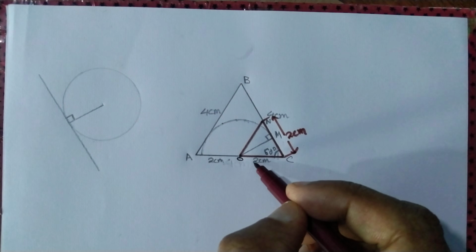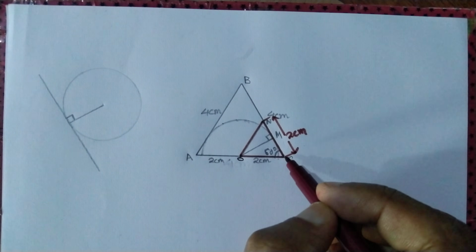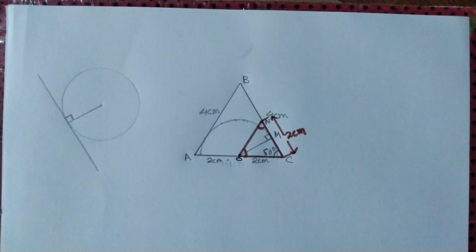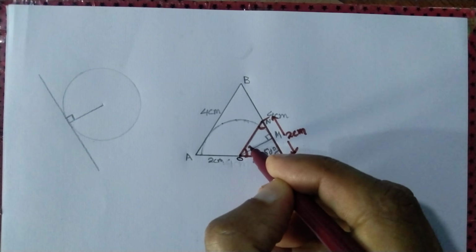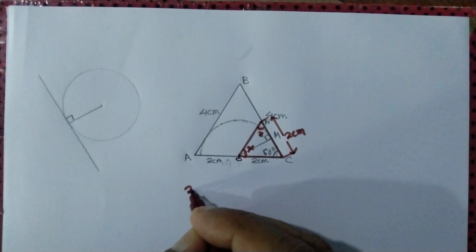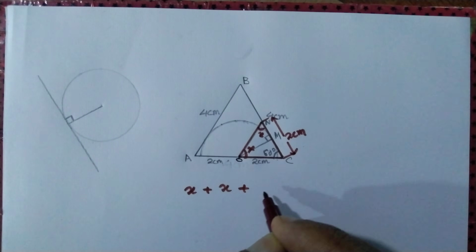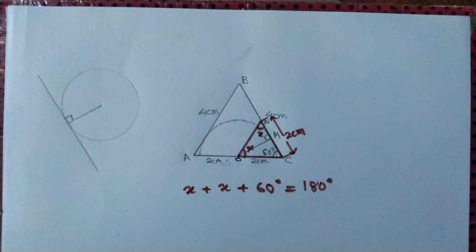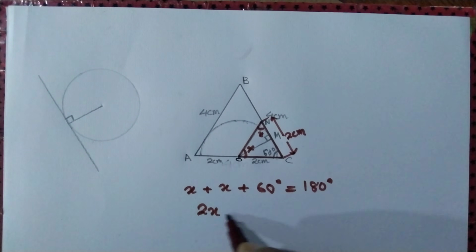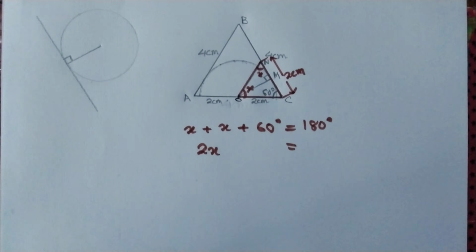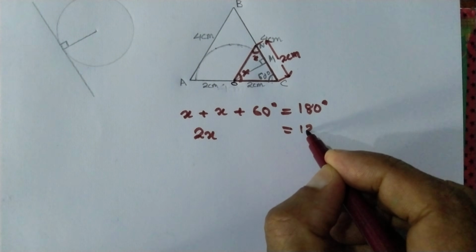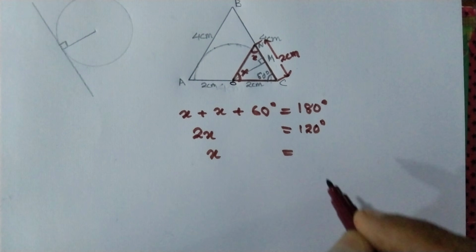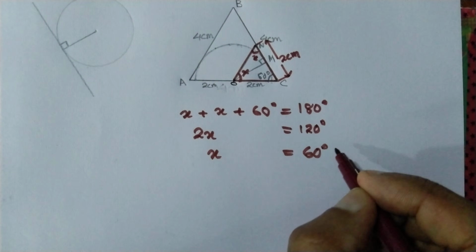Now if those two sides are equal, if OC equal to NC, then these two angles got to be equal. Let those be equal to x. Then x plus 60 degree equal to 180 degree, or 2 number of x equal to 120 degree, or x equal to half of 120 degree or 60 degree.